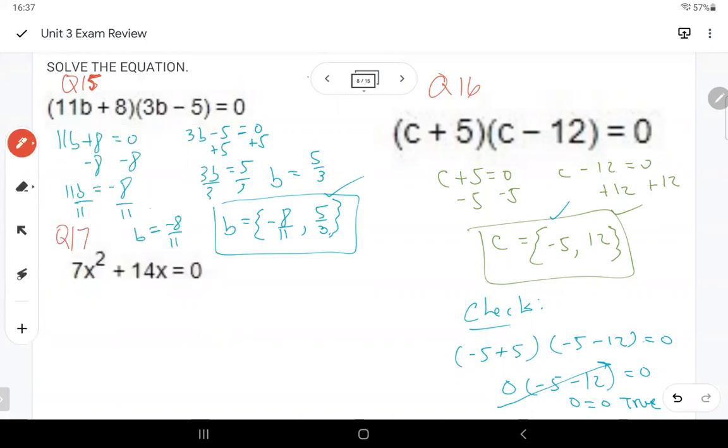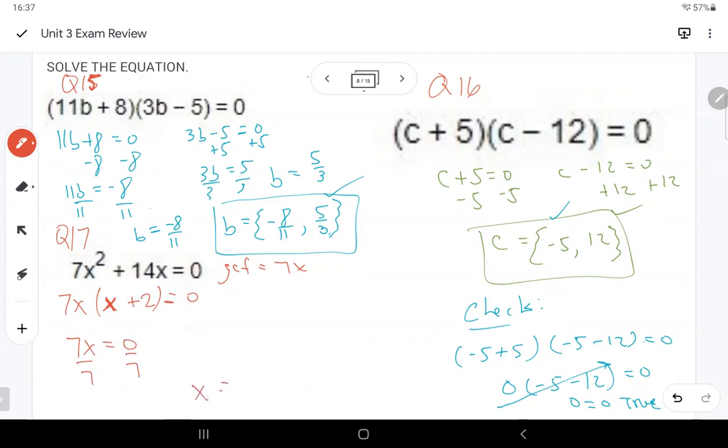Now, this one's a little bit different because we want to factor out a GCF, which is 7x. So greatest common factor equal to 7x. What we have left is x plus 2. And we're going to set both equal to 0. So we'll have 7x equals 0, divided by 7.